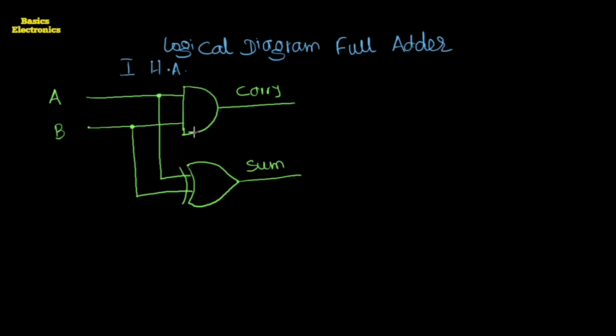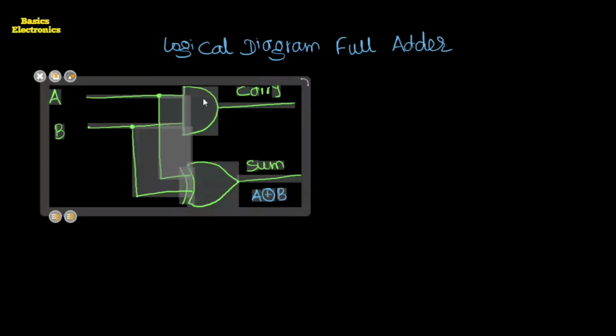We have to draw one more half adder here, and that half adder again has two inputs. One input is the sum generated by the first half adder, with the equation A XOR B. Okay, so I am going to draw here the second half adder, which has the same structure. One AND gate here and one XOR gate, and that AND gate has two inputs.